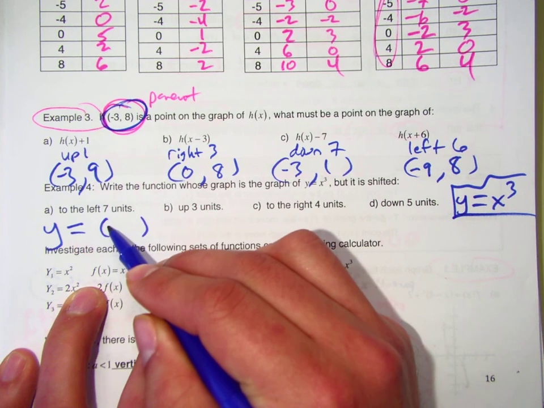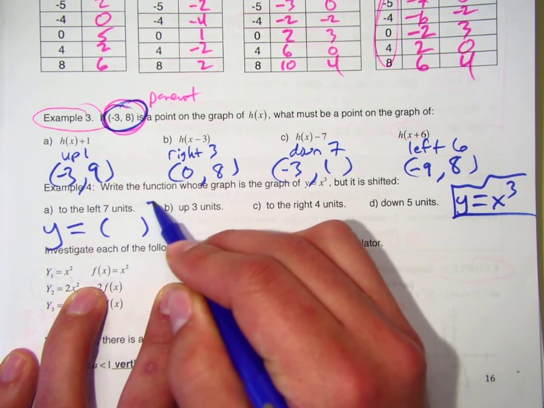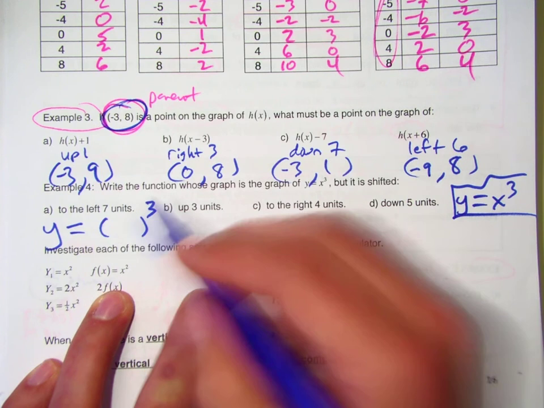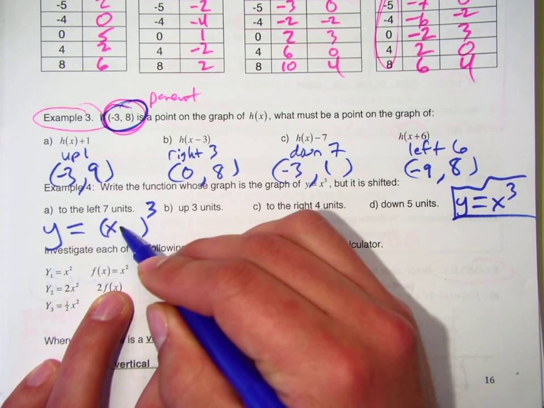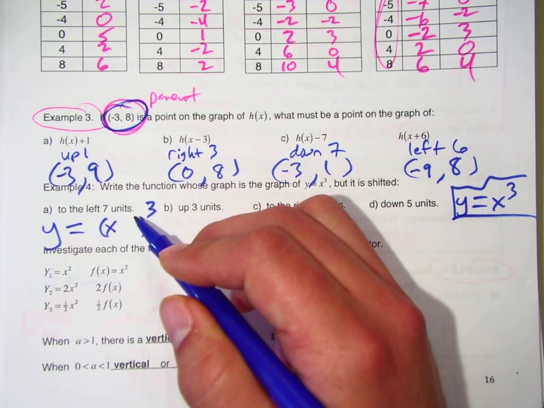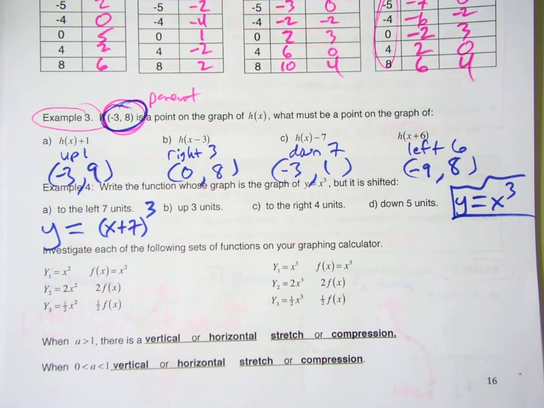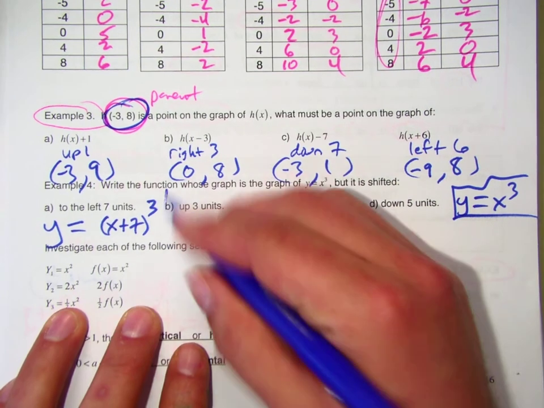X plus 7, cubed. Minus moves it right. So this would be plus 7, cubed. Does that make sense? Okay.